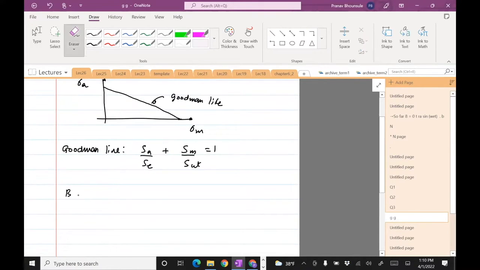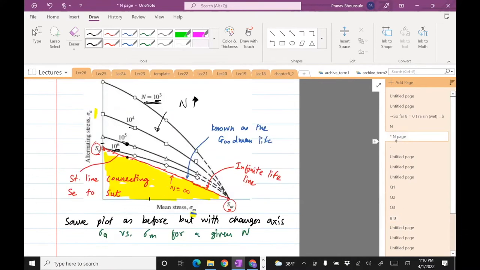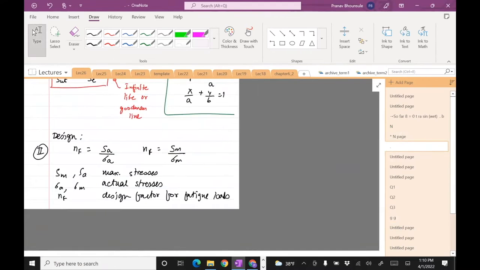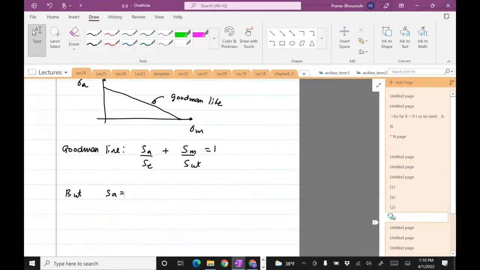But SA is sigma A times NF, and SM is sigma M times NF, from the previous page. So we just substitute in.